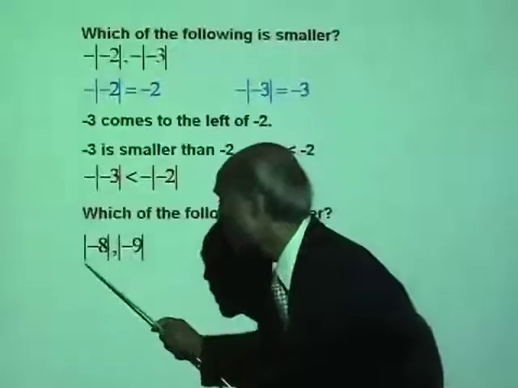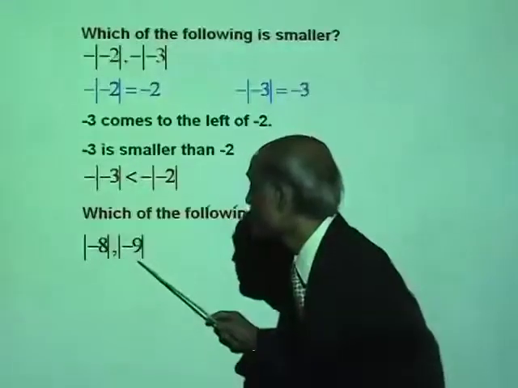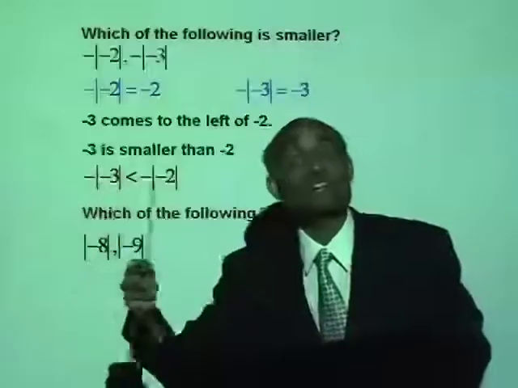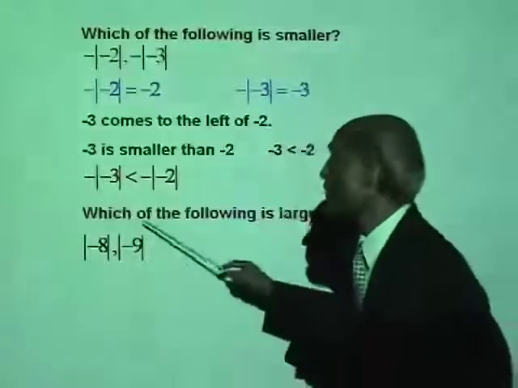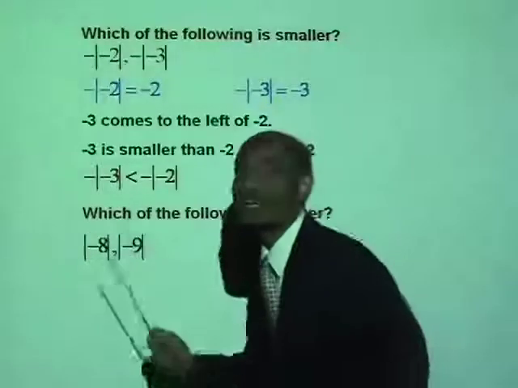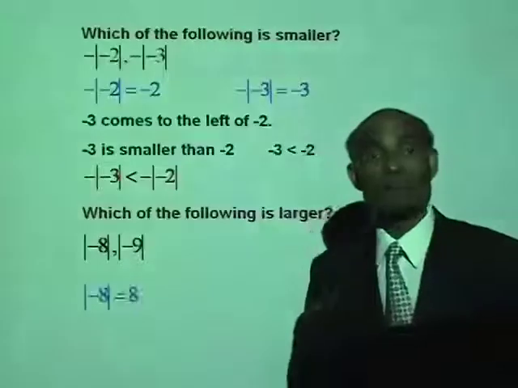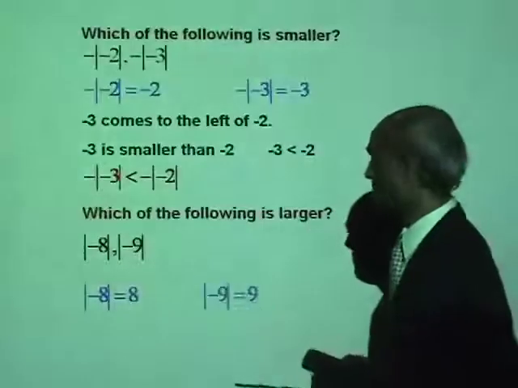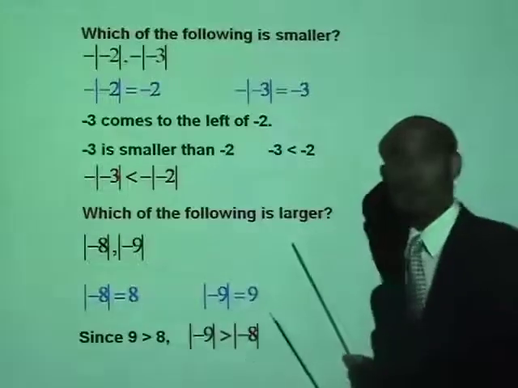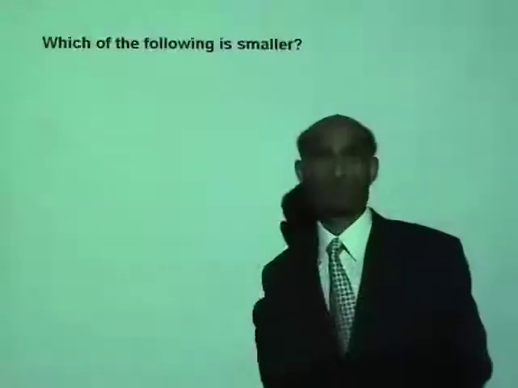So this is positive 8, this is positive 9. And you know 9 is greater than 8. Therefore, absolute value of negative 9 is greater than absolute value of negative 8. There you are.